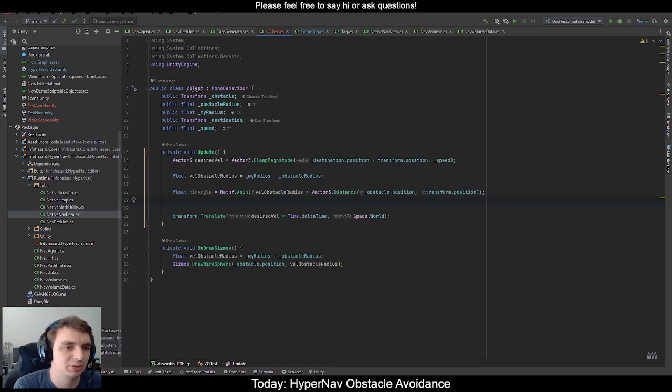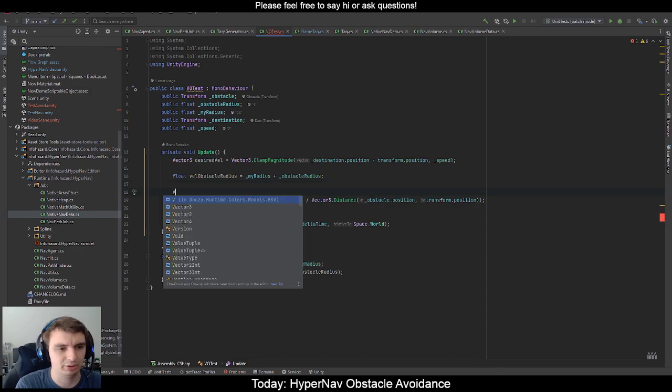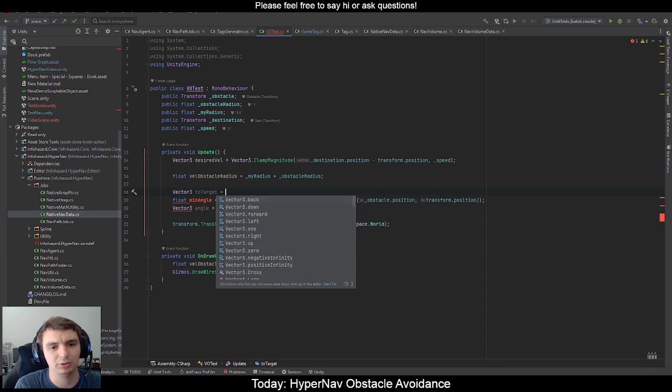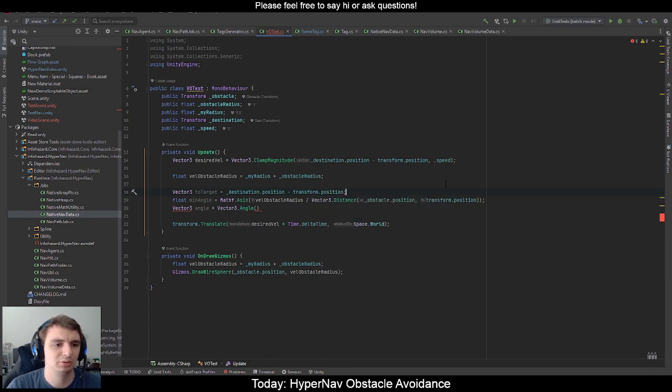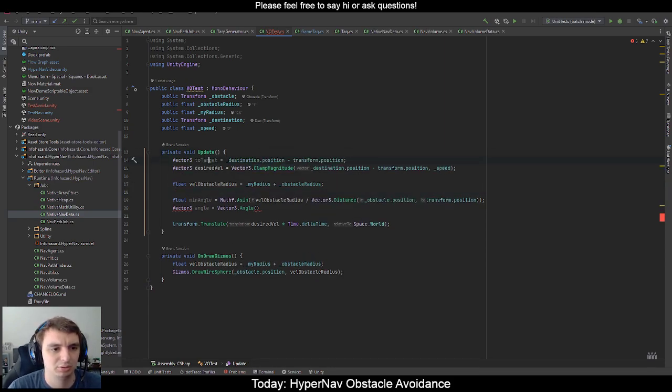Then we compute the actual angle. So Vector3.Angle equals... and then we're going to need this vector from self position to the other position, so let's just store that. toTarget equals destination.position minus transform.position. Then we can reuse that here with that's just .magnitude, and we can use it here.